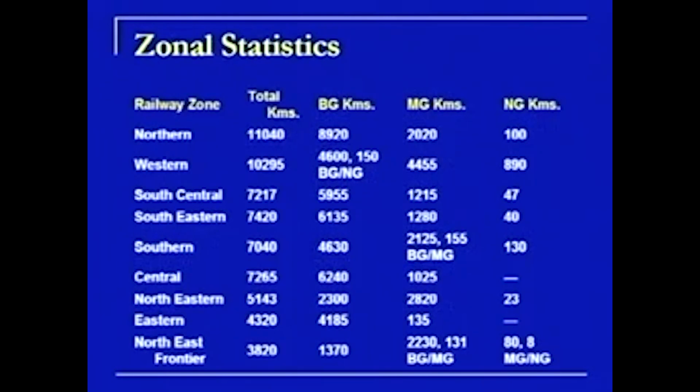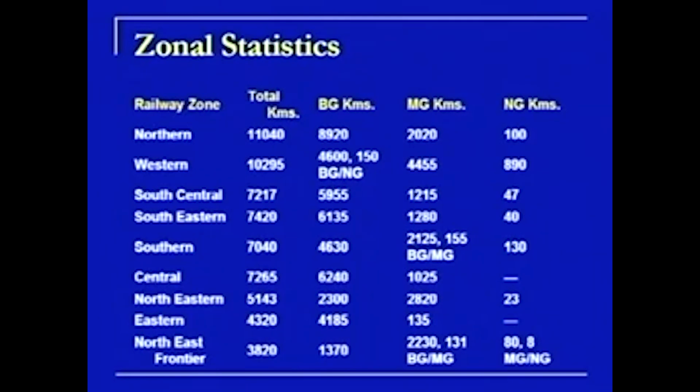These are the zonal statistics shown with respect to the different rail zones. They show the total kilometers operated by these zones, and then there is a classification of these route kilometers in terms of broad gauge kilometers, meter gauge kilometers and narrow gauge kilometers. Here we see that the northern zone and the western zone have much higher route kilometers as compared to the other zones.